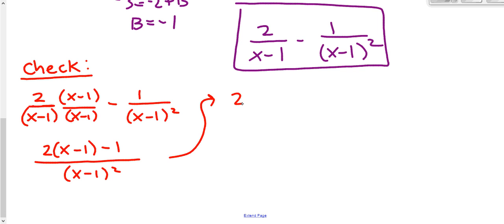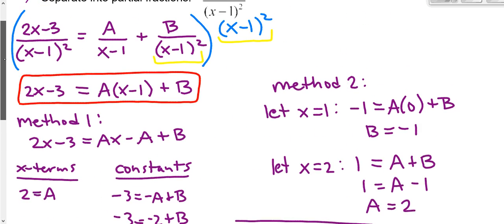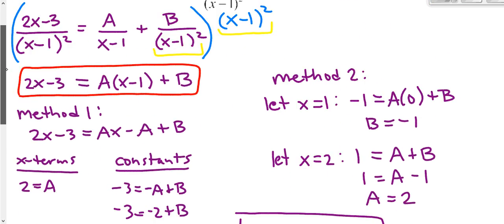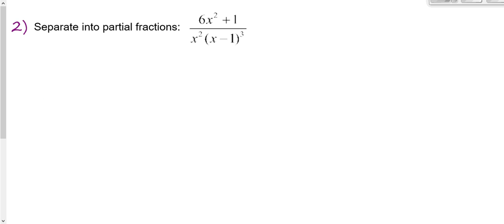So our numerator is 2x minus 2 minus 1, and our denominator is x minus 1 quantity squared. So our numerator is 2x minus 3, and our denominator is x minus 1 quantity squared. And that, my friends, is the original problem. It works. Okay, let's do one more.